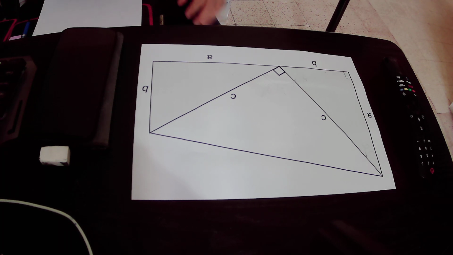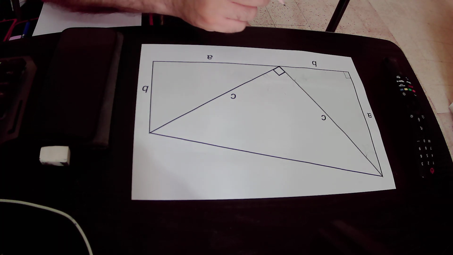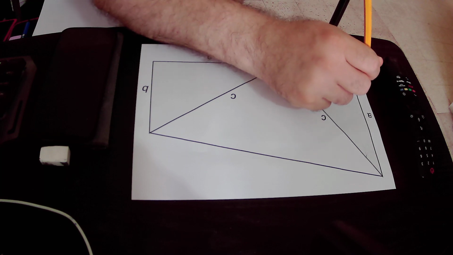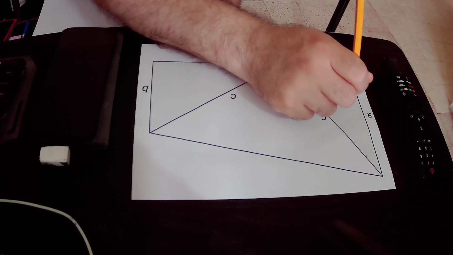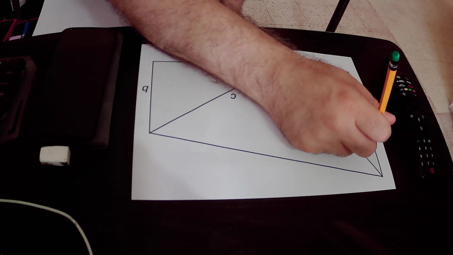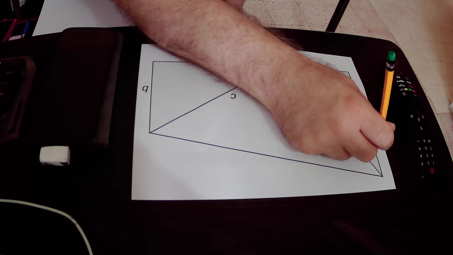Suppose that we call the angle between side A and side C in the right triangle alpha.